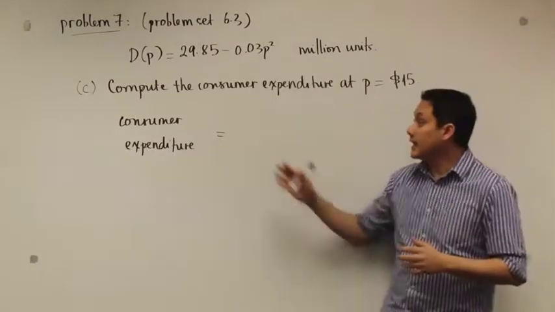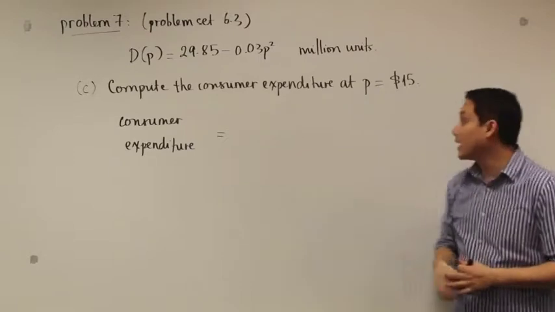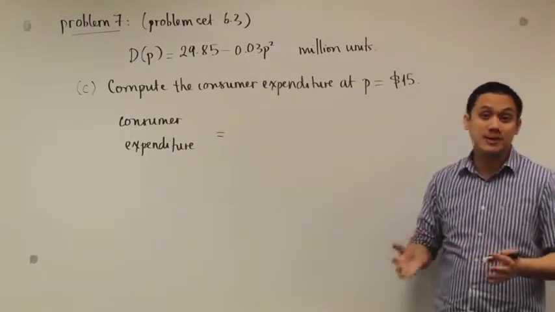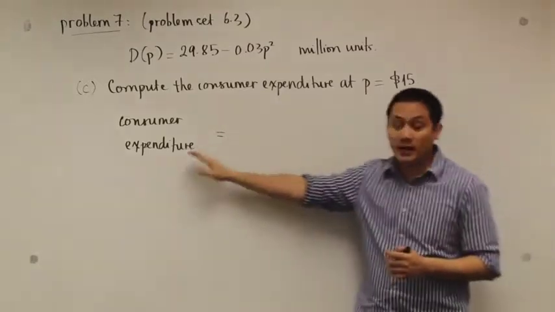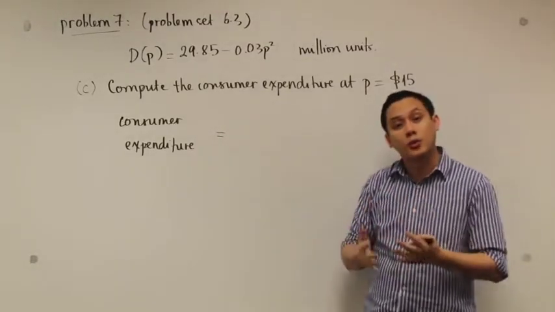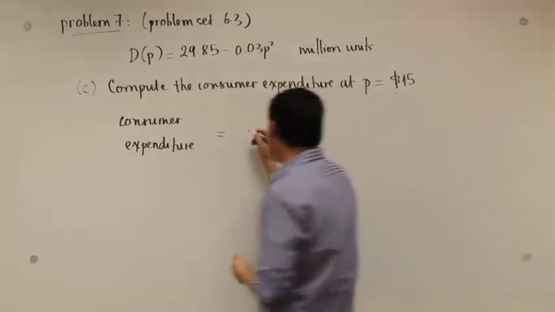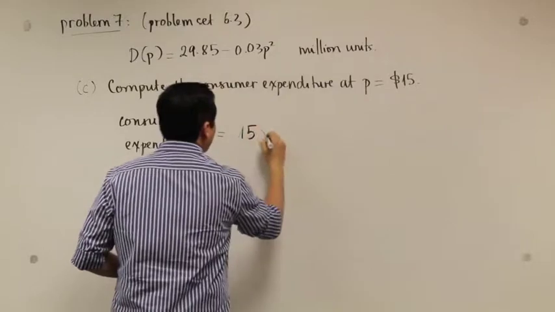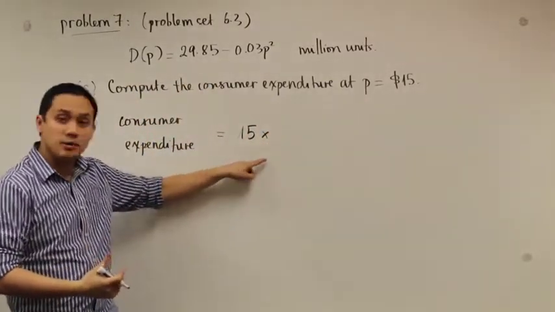In part C, they ask you to compute the consumer expenditure at the price of P equal to $15. This is the set market price. As you know, the consumer expenditure is equal to the set market price multiplied with the quantity demanded at that price. So that means you have the set market price 15 multiplied with the quantity demanded at this price.